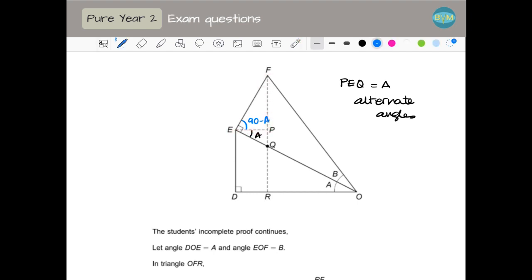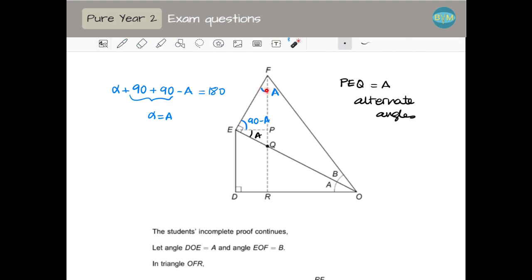So this angle here, let's call it alpha. Alpha plus my 90 degrees plus my 90 minus A must be 180. And this is already 180, which means that alpha and A must be the same. So this is going to be A as well.